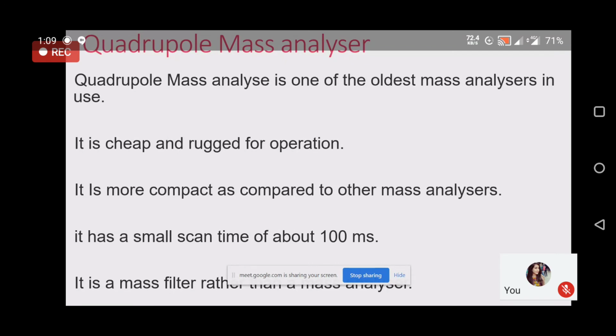Before I go to the quadrupole mass analyzer, I want you to ask questions if you have not followed what has been told.